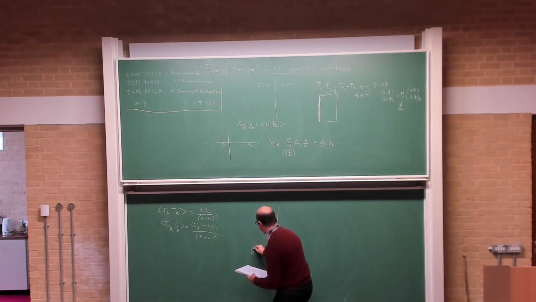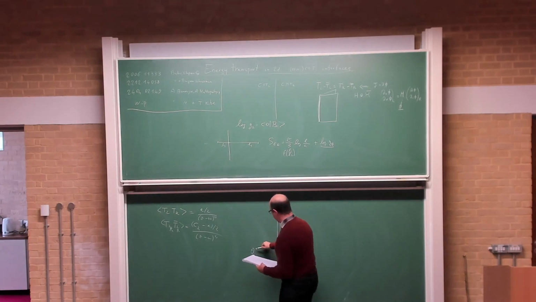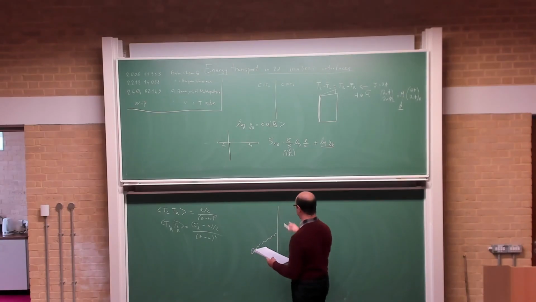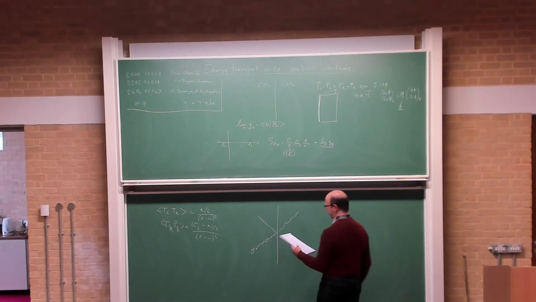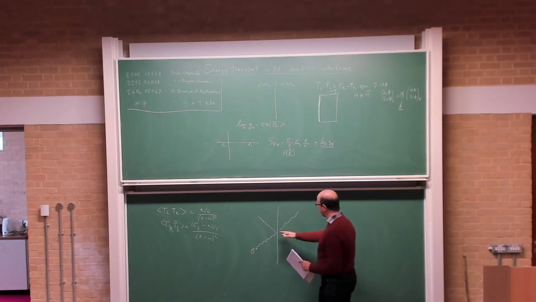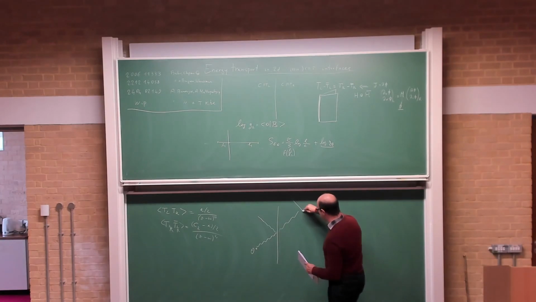In this way, you take an operator, and this creates a wave packet or some excitation that travels through the interface. Then you see that it is partly reflected and partly transmitted. There is the transmitted part. You want to measure it by looking at the flux of energy at null infinity.